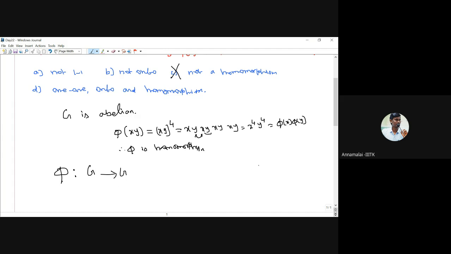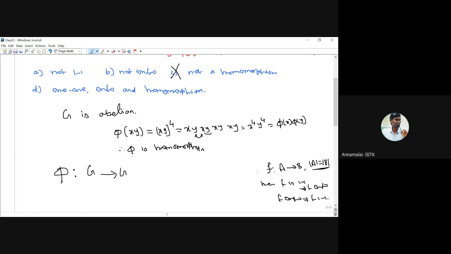In general, suppose f is a function from some set A to B with the condition that the cardinality of A equals the cardinality of B, then if f is 1 to 1, f is onto, or if f is onto, then automatically f is 1 to 1, provided both have the same cardinality and are finite sets.